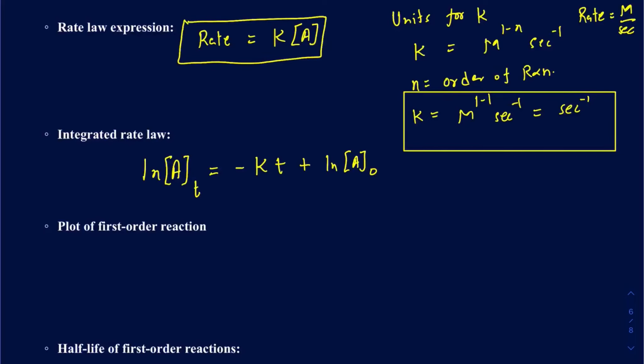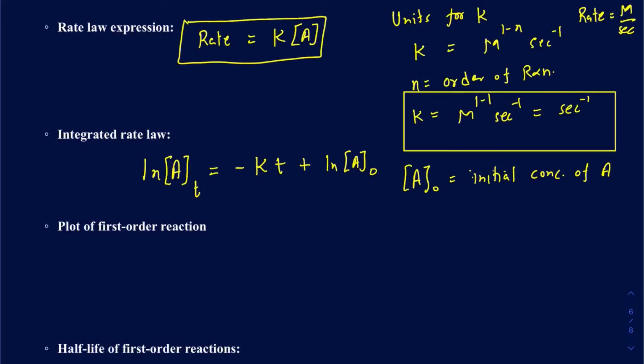So your A_t is going to be at any given time, whereas your A_0 is going to be the initial concentration of A, or the reactant in this particular case.